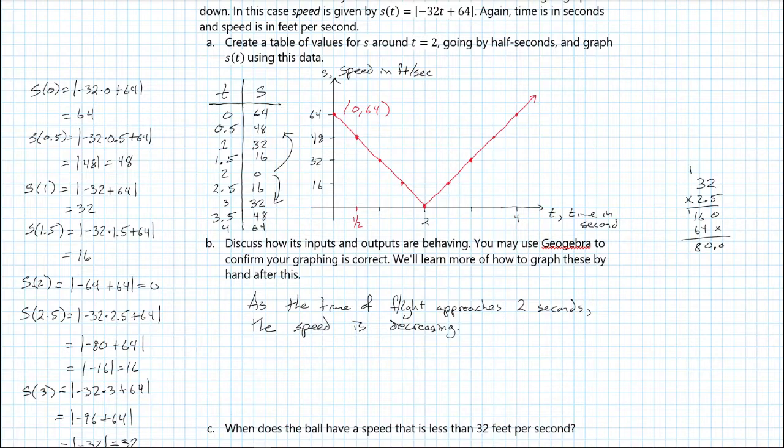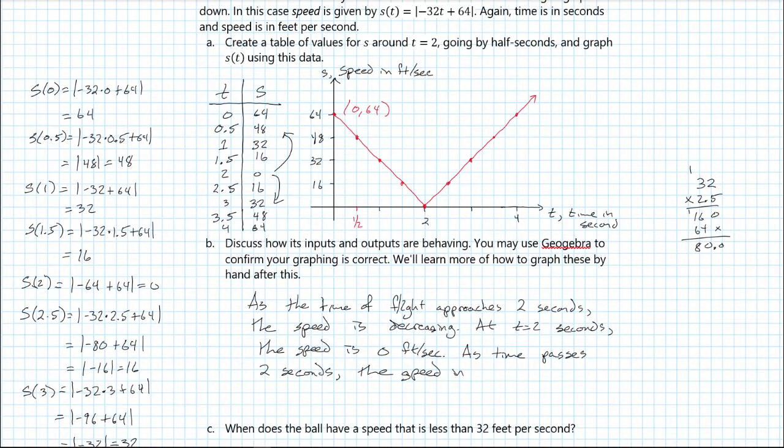We'll say at t equals 2 seconds, the speed is 0, and let's say feet per second. As time passes 2 seconds, the speed increases.